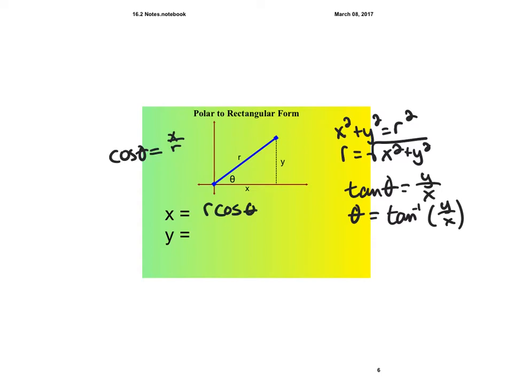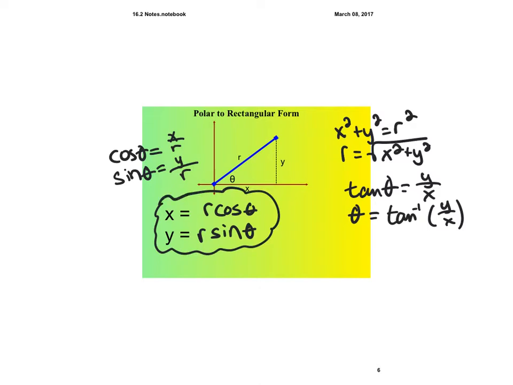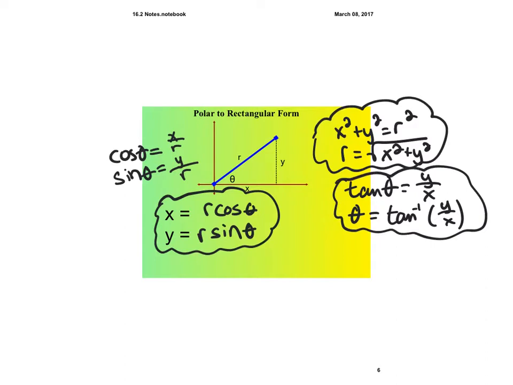Same with the y. So y would be sine. Sine of theta is equal to opposite over hypotenuse. So if I wanted to write this equation in terms of y, y equals r sine theta. Okay, so I've got three sets of equations that I want to keep in my back pocket when I'm trying to write equations in terms of just r or just theta.